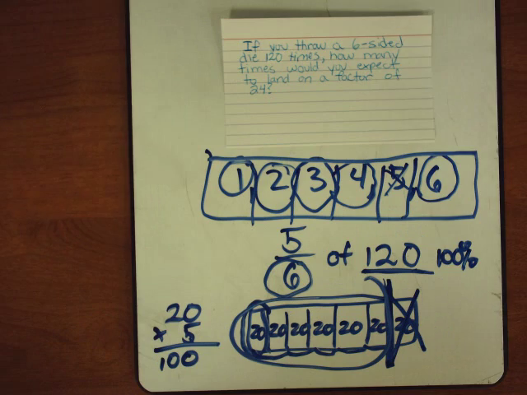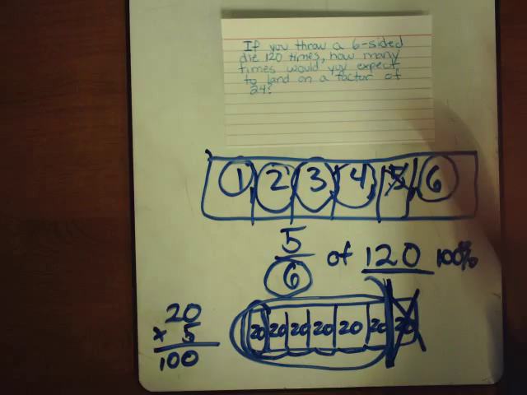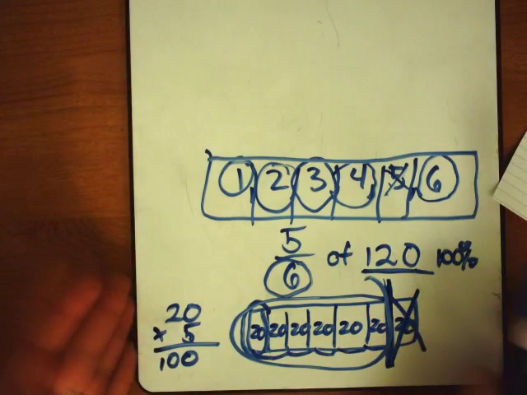This is just practicing the expected outcomes and thinking about rates. So let's try another one. Go ahead and erase your board. This one is very similar.